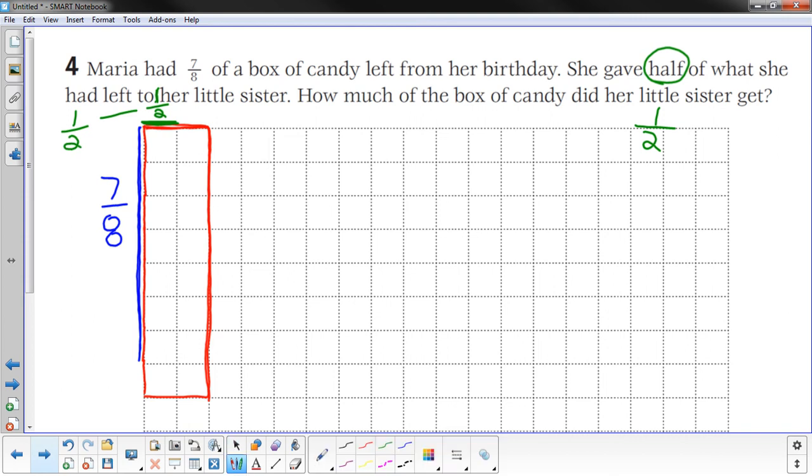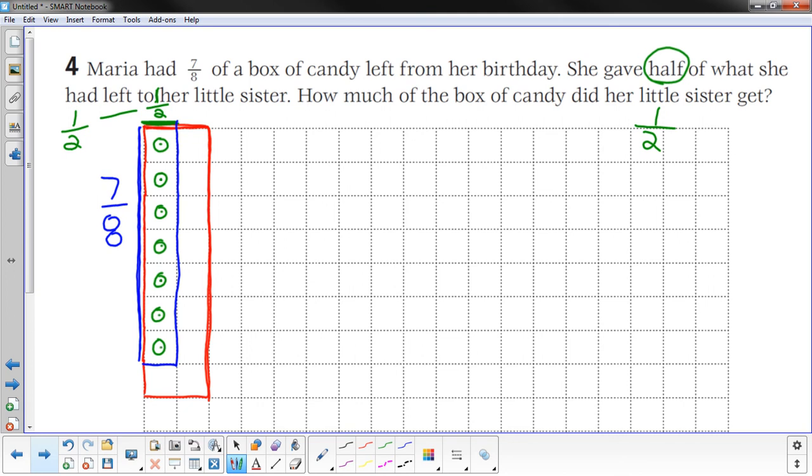So, if I bring this down, and bring this across, my answer is right here. So you have 1, 2, 3, 4, 5, 6, 7.